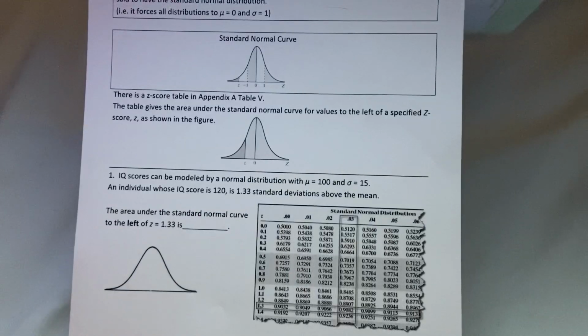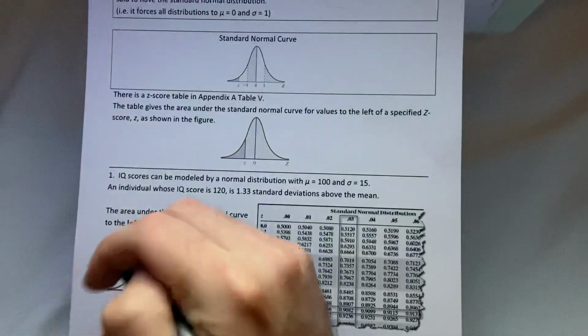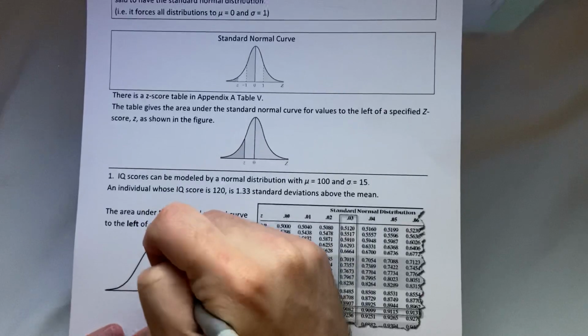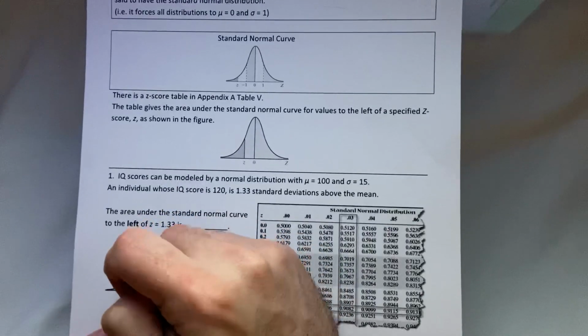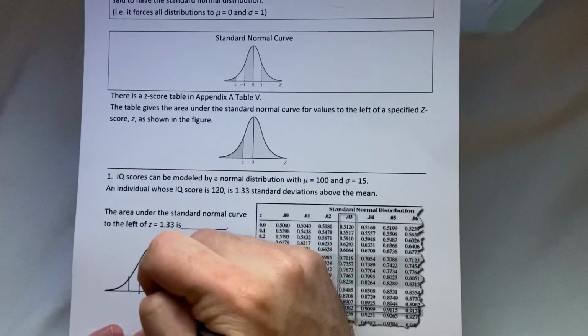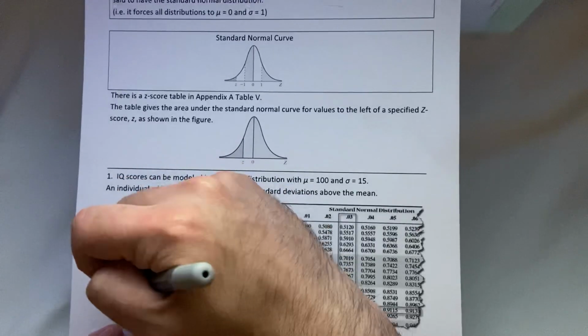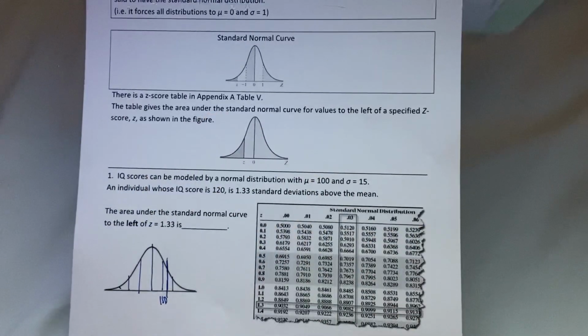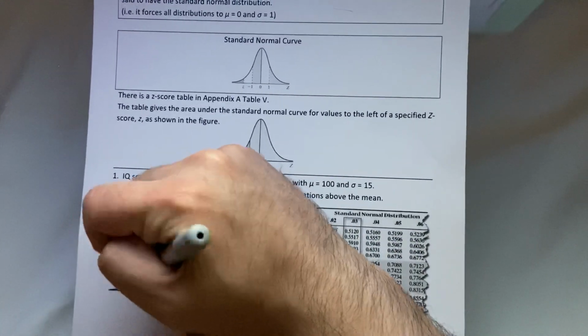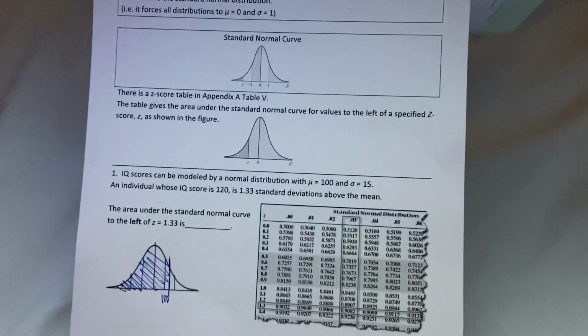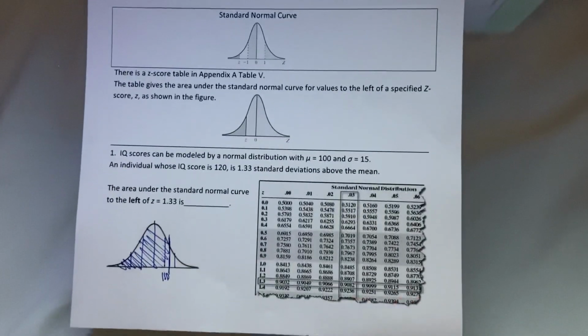It means that if you were to draw the picture, every standard deviation on each side, here's one standard deviation, 1.33 is right here. So the area to the left would be all of this highlighted area. Now, remember the area under the normal curve is 1, how much of the 1 is to the left? So basically, how many people have that IQ or lower?